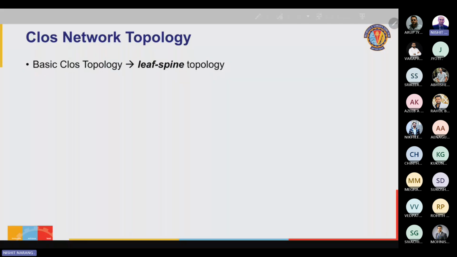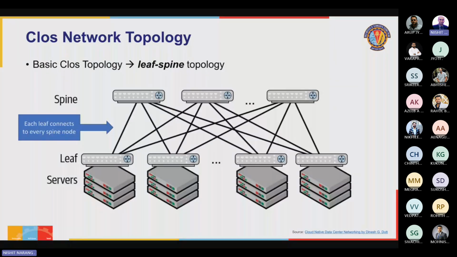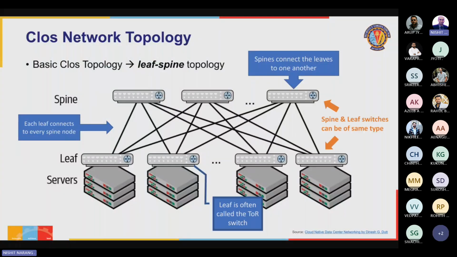If you recollect, what we were discussing last time was the modern architecture, the topology for the leaf spine for the modern data center network. And we said the Clos network topology, and within the Clos network topology, one of the most basic topologies, which is also called the leaf spine topology, is one of the most often used topologies in modern data center networks.